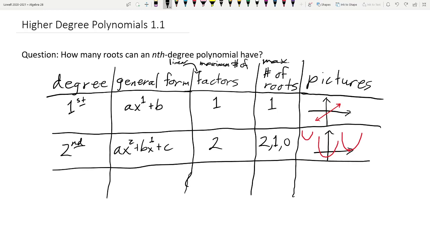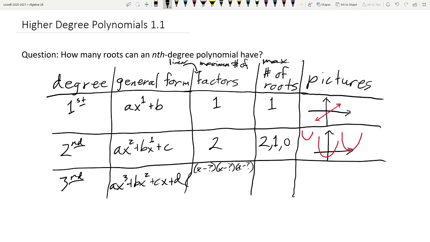Let us discuss now cubics, or third degree polynomials. Again, that's going to be something with an x cubed, and then something x squared plus something x plus something. Well, each linear factor is x minus something, x minus something, x minus something.